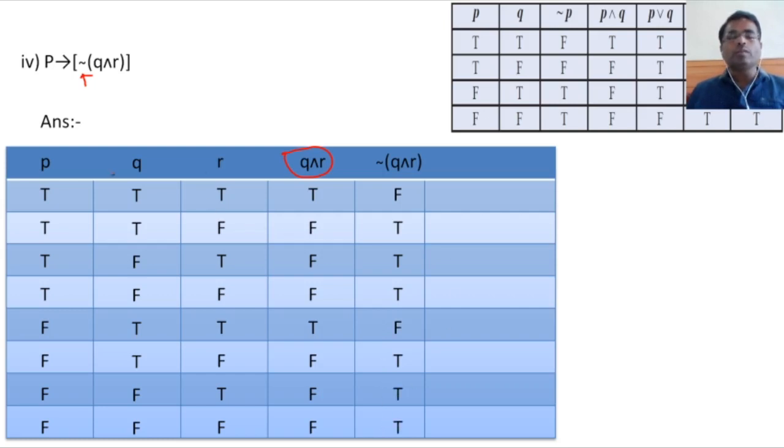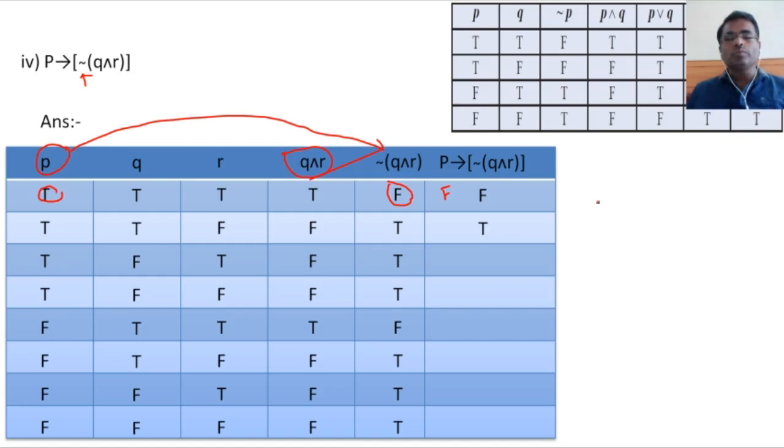And now we have to consider P implies negation of Q and R. So that is the statement here. Now while considering implication, if the first statement is true and the second is false, then the resultant is false. So here we are expecting false. Let us see what we are getting. Yes, it is false, but for all other combinations it is true.